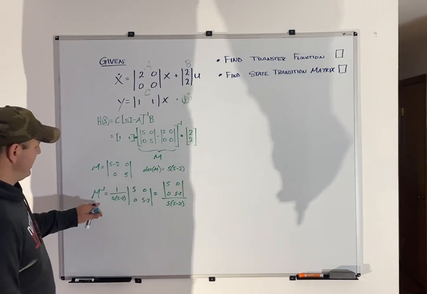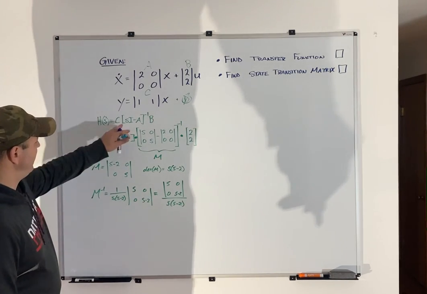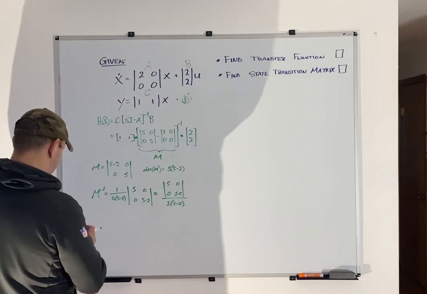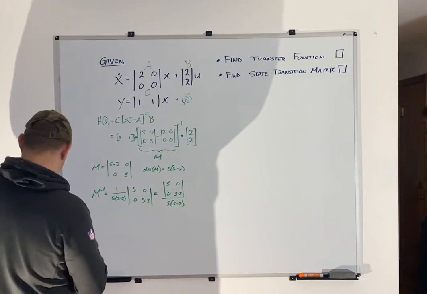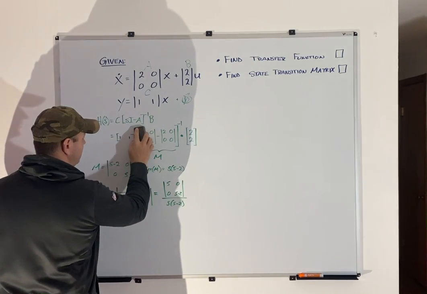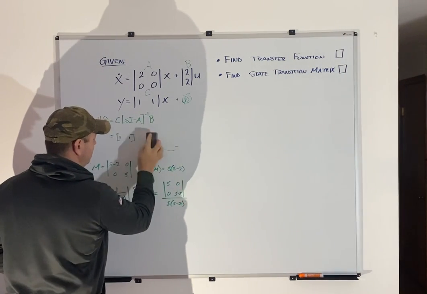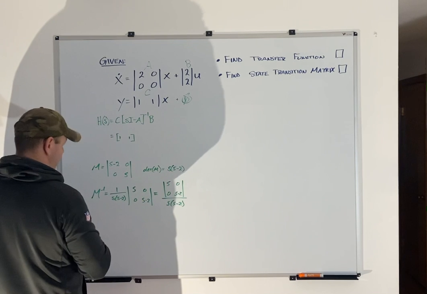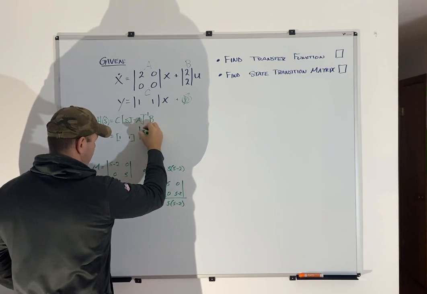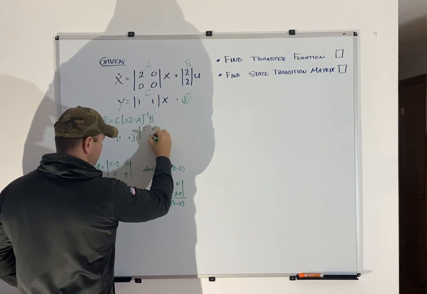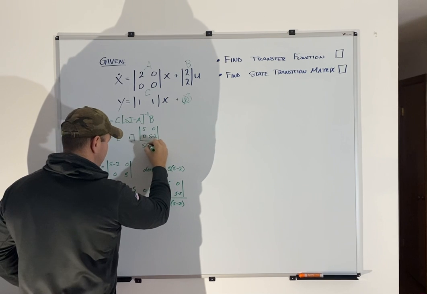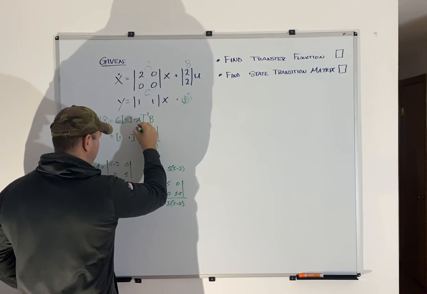Okay, so we have our M inverse, and that's the real meat and potatoes of this formula here. So let's clean this up. We have M inverse, and it is S, 0, 0, S minus 2 divided by S times S minus 2.